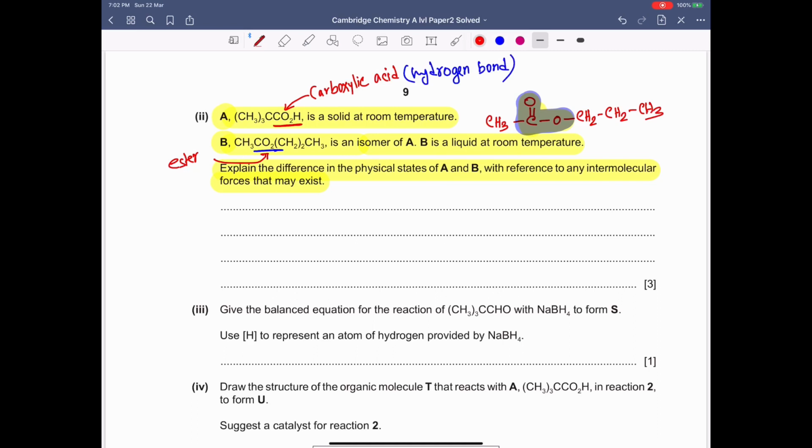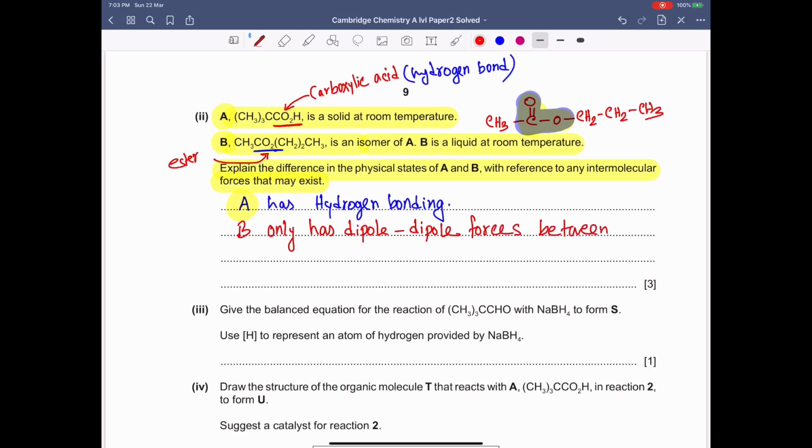All right, so the answer will be: A has hydrogen bonding, whereas B only has dipole-dipole forces between molecules.